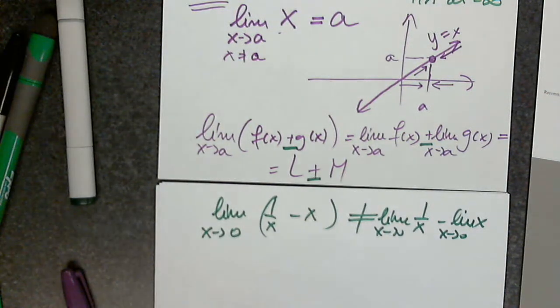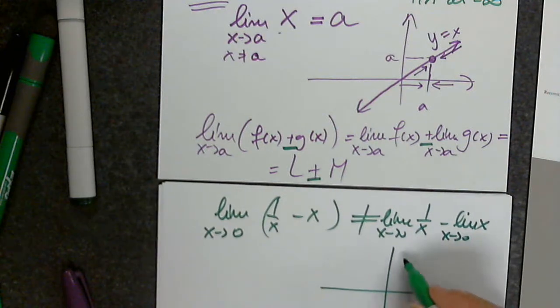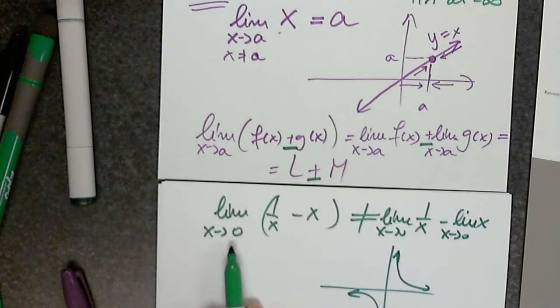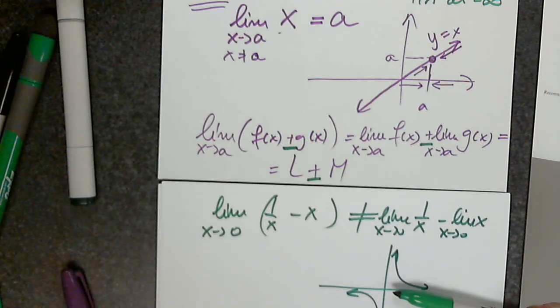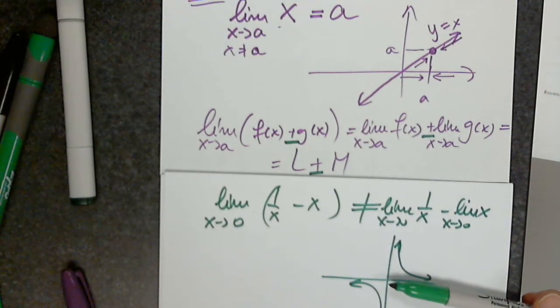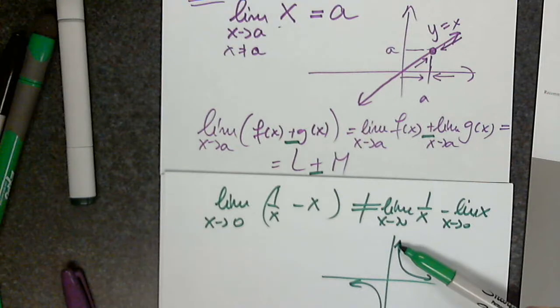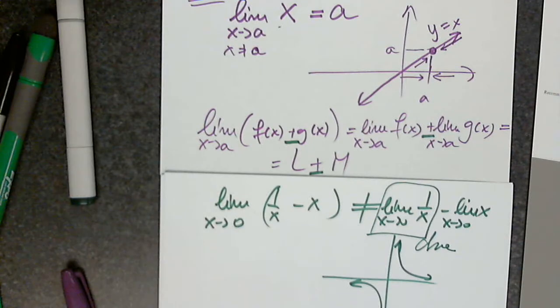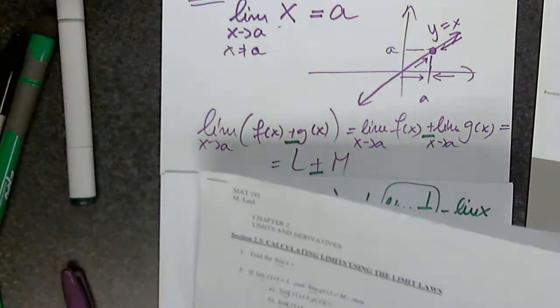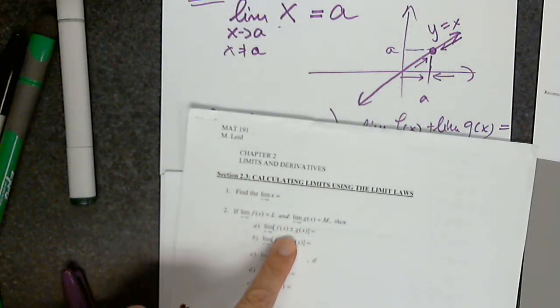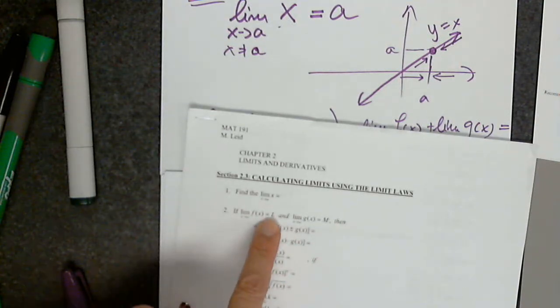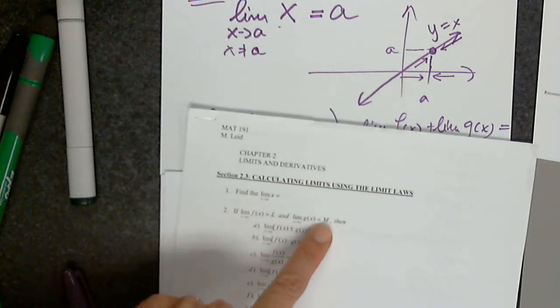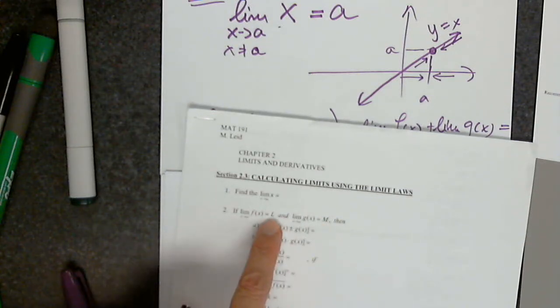The graph of 1 over x, by the way, is this. So as x approaches 0 from the left, the limit is negative infinity. As x approaches 0 from the right, the limit is positive infinity. So therefore, this limit does not exist. So this limit law is not applicable in this case. Why? Because this one is 0, but this one does not exist.